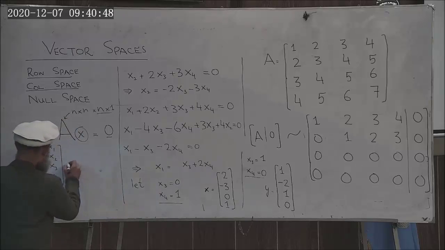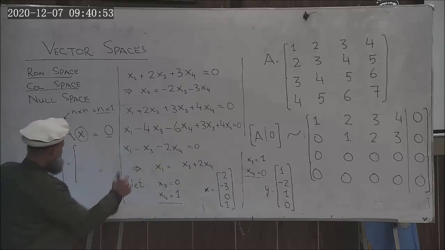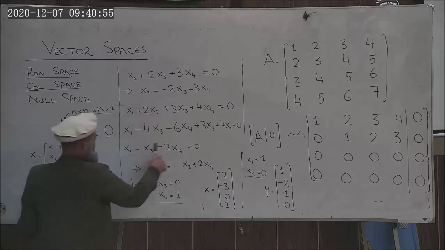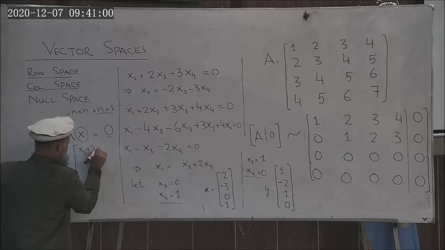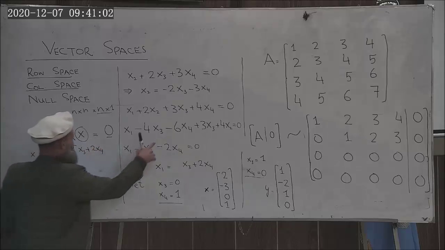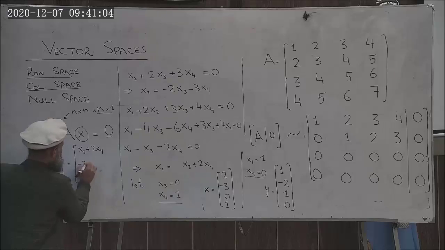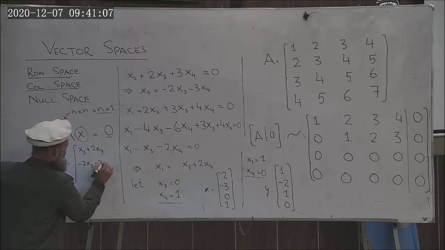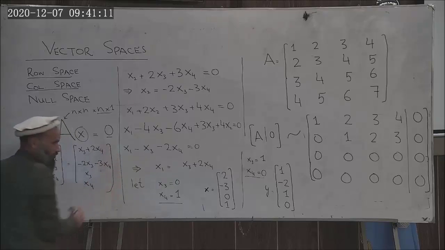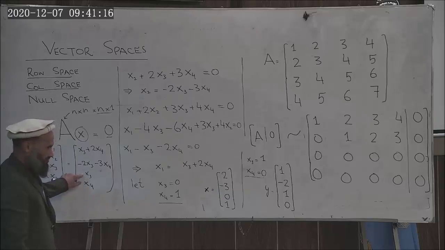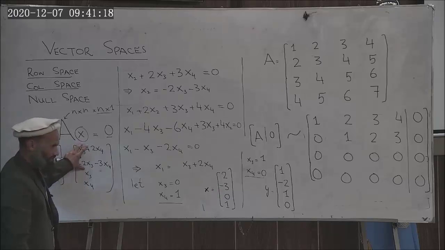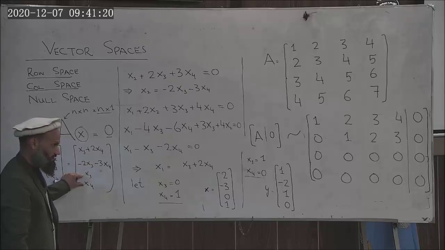For example, here x1 comes out to be equal to x3 plus 2x4, and x2 comes out to be 2x3 minus 3x4. We have freedom only on x3 and x4. These can be chosen and the others will be determined by this choice.